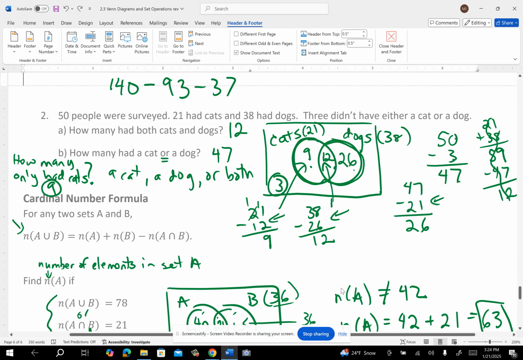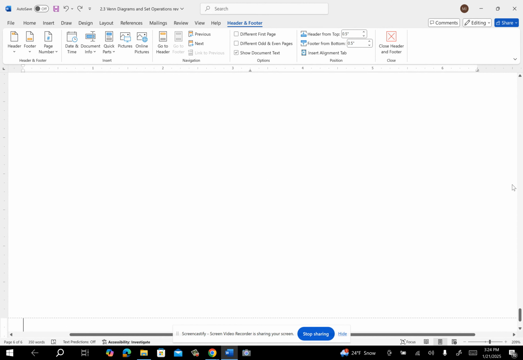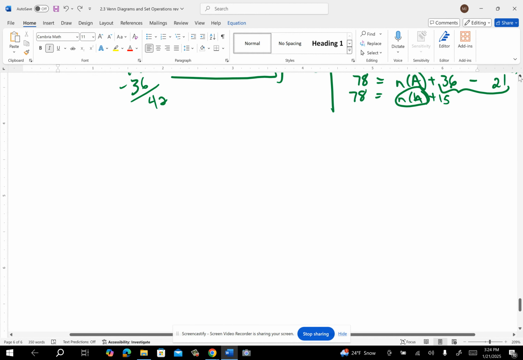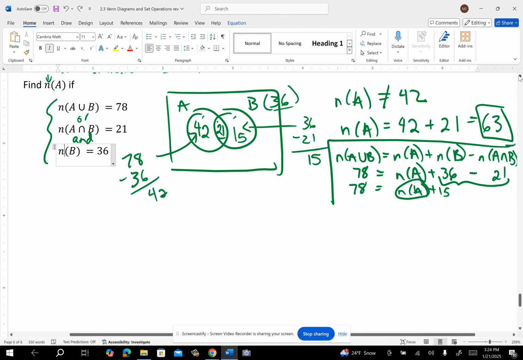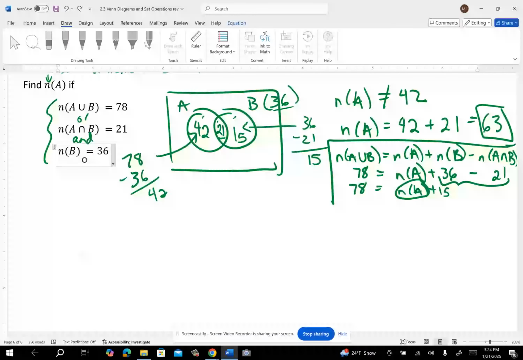Darn it. Just trying to get that problem to show up again. All right, here we are. Okay, sorry about that. So let me show it using that formula. I just tried to get a little more room, but let me make it more clear. Okay, get it back to my drawing. Thank you for your patience.